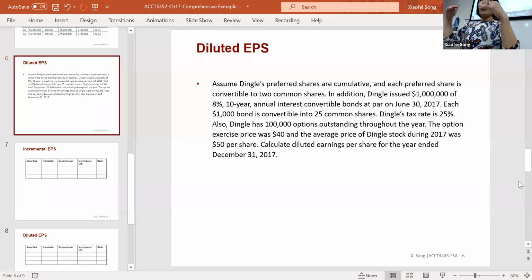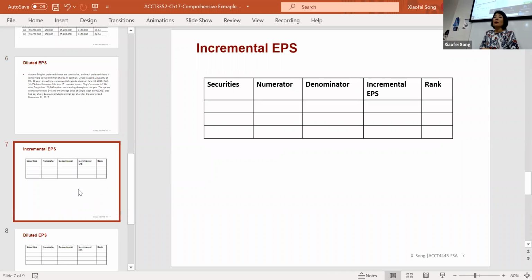That one is anti-dilutive, and everything ranked after it is anti-dilutive. The one before that gives the maximally diluted earnings per share, the lowest diluted earnings per share you can get. So that's how we do it.